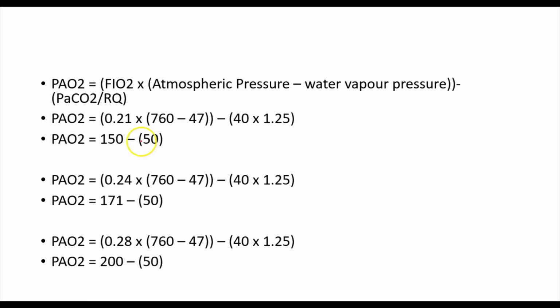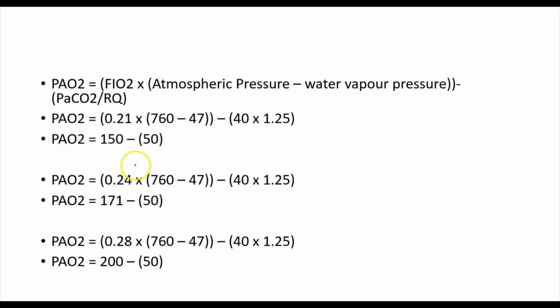Although it may seem like giving 1 liter and 2 liters per minute nasal prong oxygen is not a lot, if you go back to the alveolar gas equation, you can see that increases in FiO2 can lead to substantial increases in alveolar oxygen. Here are a set of calculations for the alveolar gas equation, with the first set being under normal circumstances where you have a FiO2 of 21%. You can see here that this leads to a PaO2 of around 100.